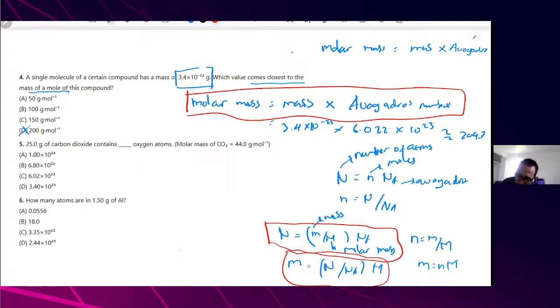So from this one we end up getting M, the molar mass, equals m times Na divided by N. This is the mass, this is Avogadro's number, divided by N. Because the number of atoms is just a single one, we only need to determine this. Yeah, that's true.